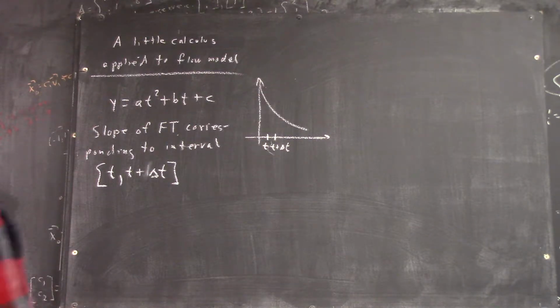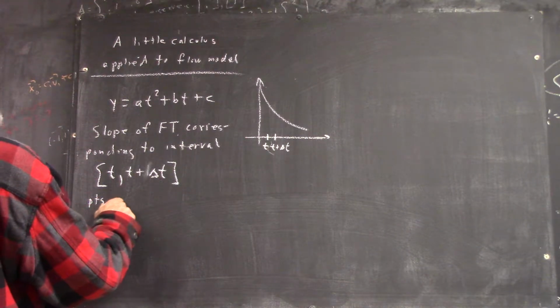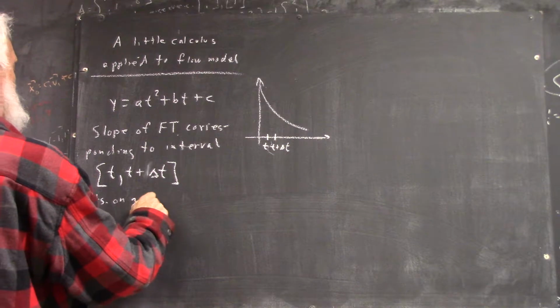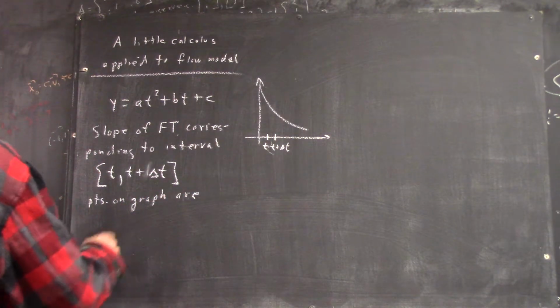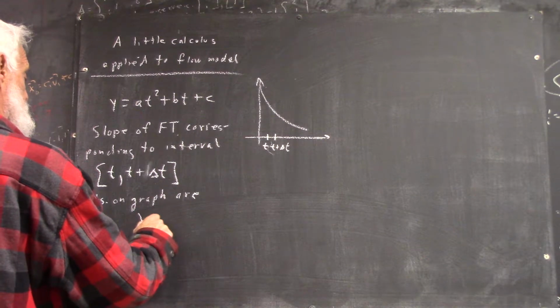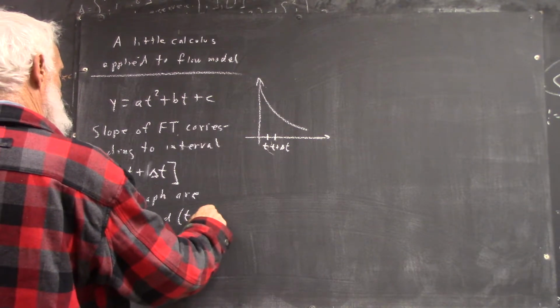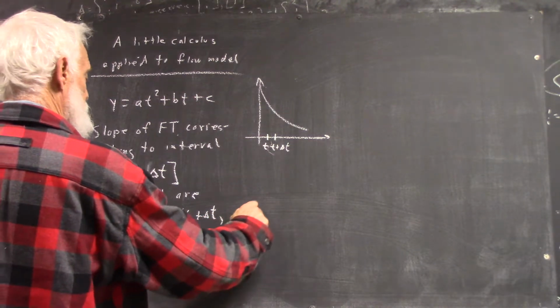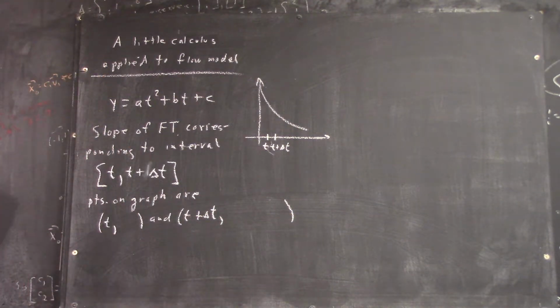So the question is, what are the points in the graph going to be: t something, and t plus delta t something a little longer.